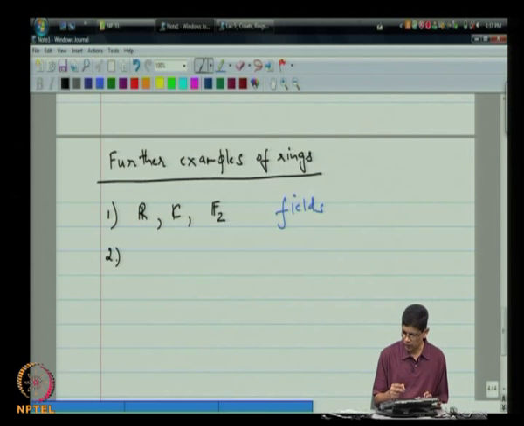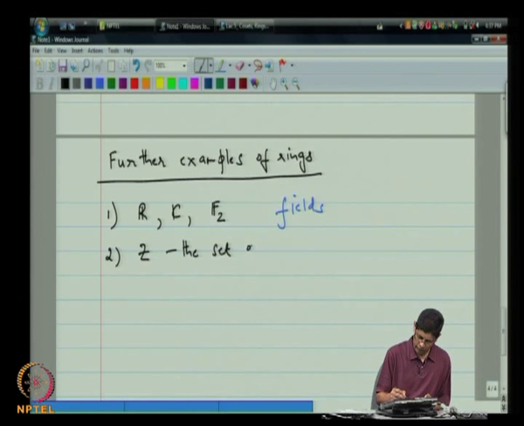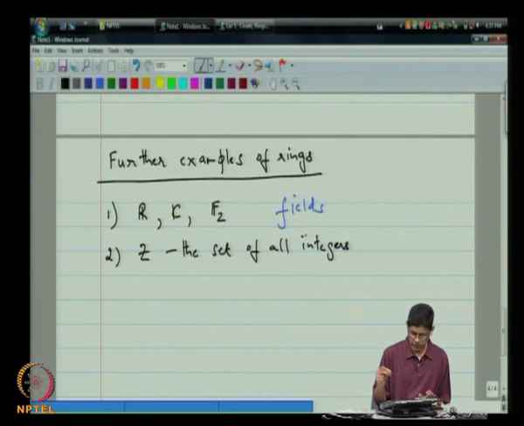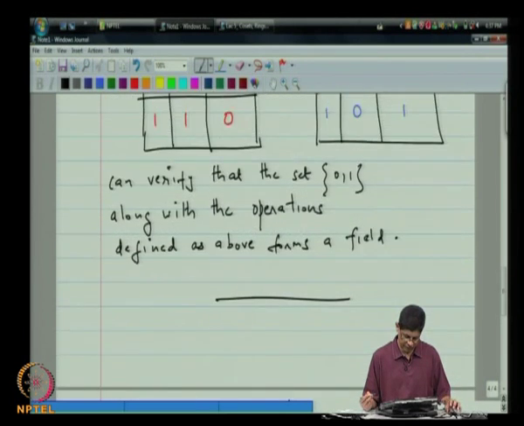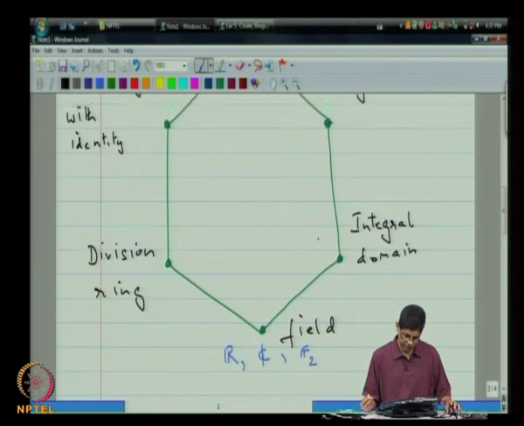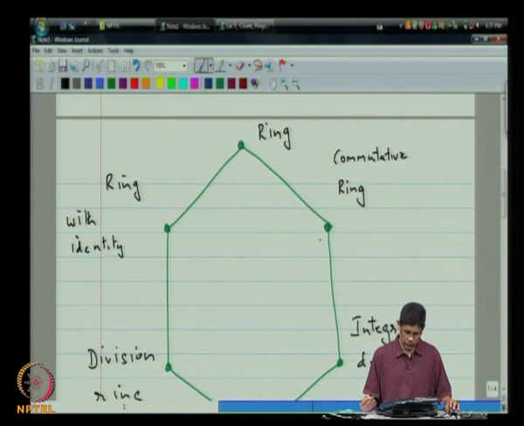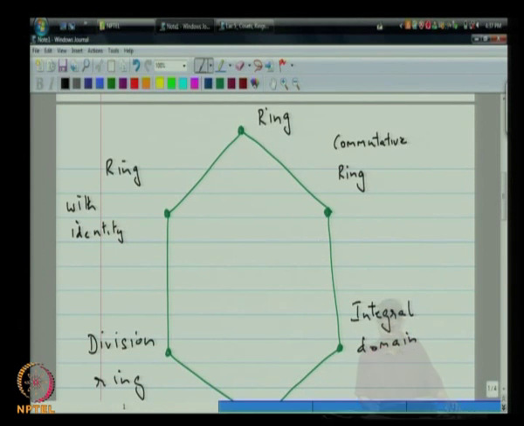Then you can also look at Z, the set of all integers. That means that you are including positive, negative and the element 0. So, what kind of a ring is it? Let us go back and look at this figure here. Certainly you can check that it is a ring.